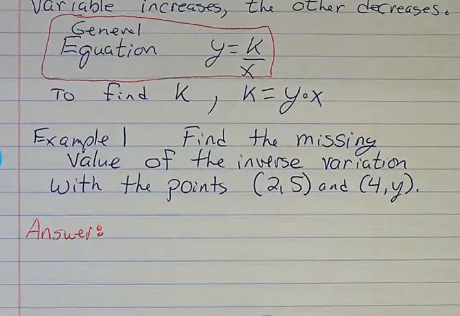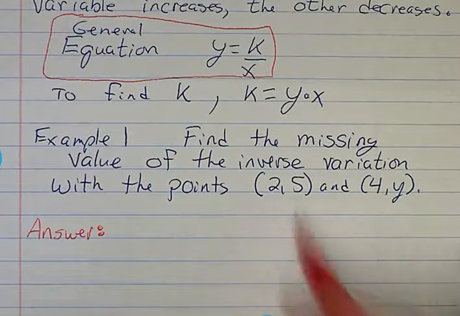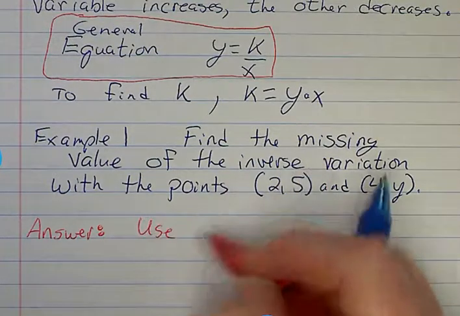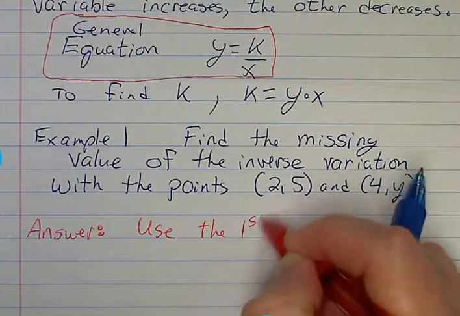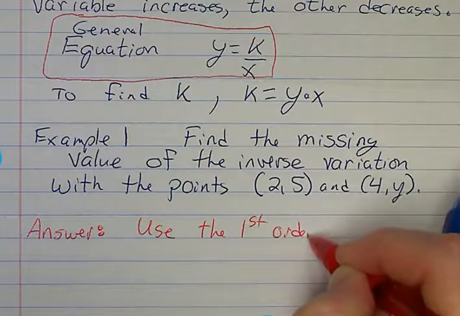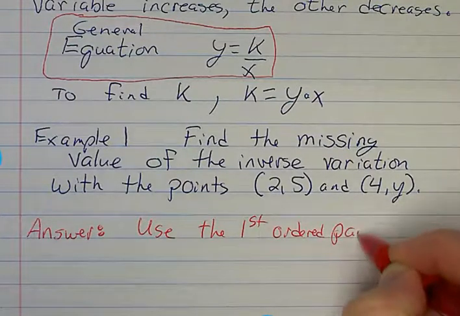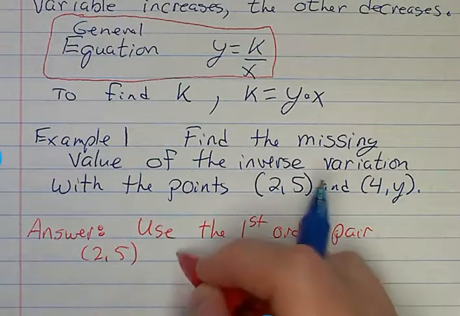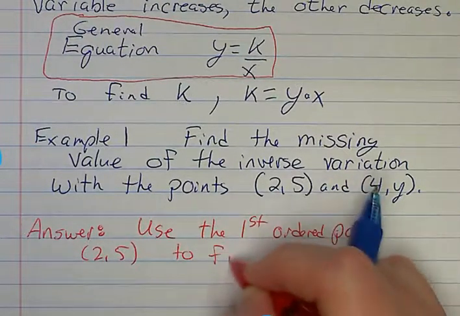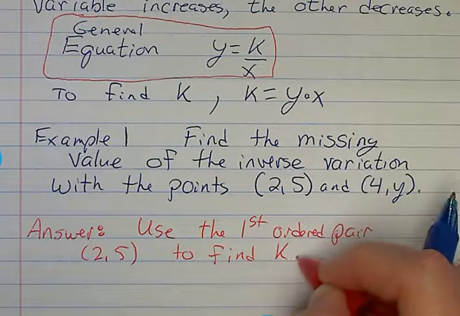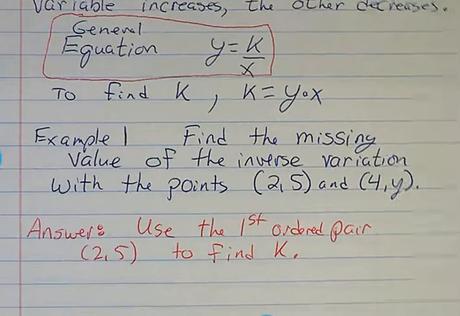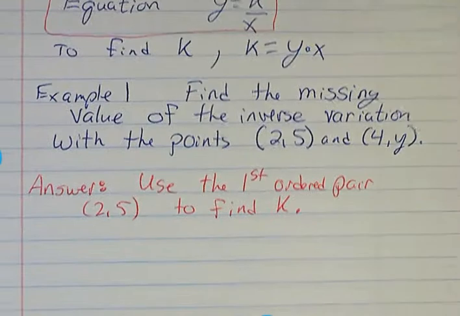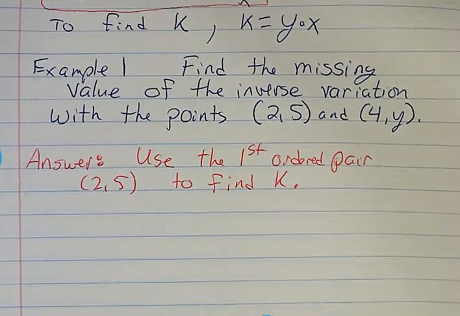So here's where we're going to take it one piece at a time. When you have the first ordered pair, we're going to use it first. So use the first ordered pair of 2, 5 to find k. Because any of these equations they give to you, whether it's direct or inverse, the very first thing you want to do is to find out what the k value is.